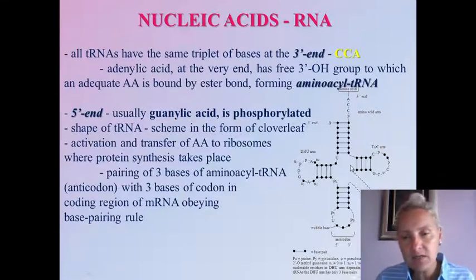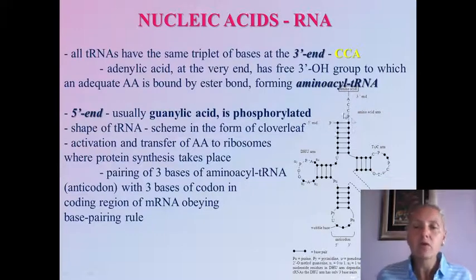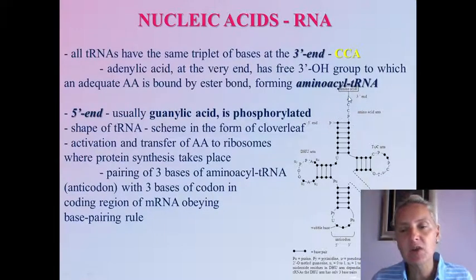Of course, in some types of tRNAs there is one extra arm which is not found in all tRNAs. So this can be a wobble base, but we will discuss it in further chapters. What else should we notice and emphasize here? At the 3' end, take a look at the figure.